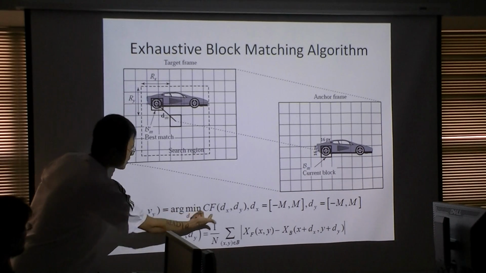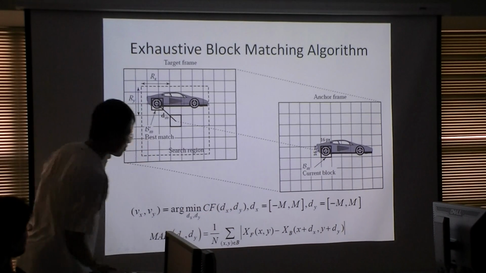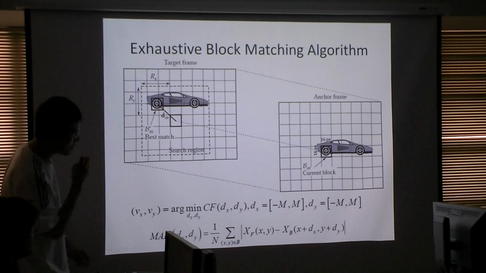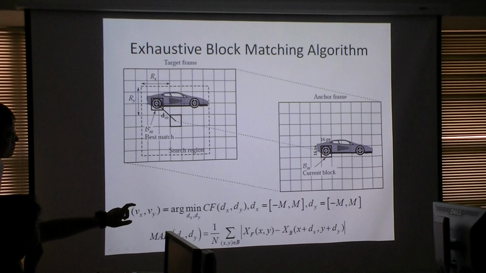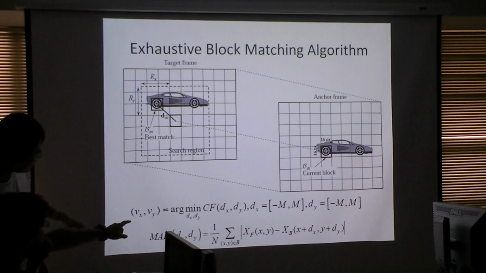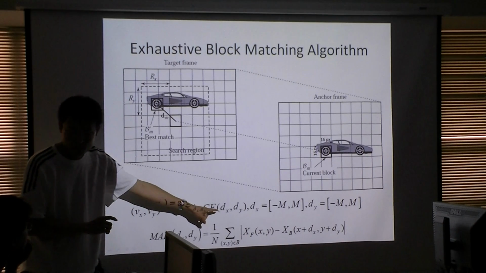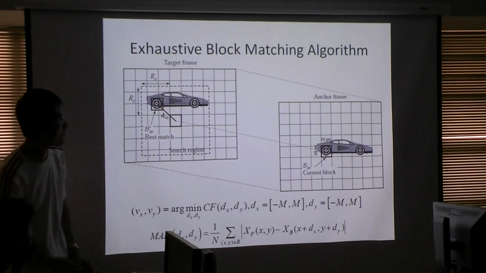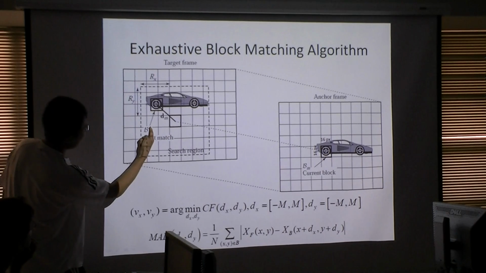We try to minimize some cost function, given some motion vector. dx is the displacement of this current block. In this way, it may be minus 1 point something.